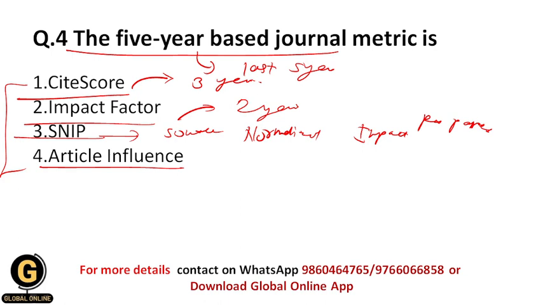Okay, and it is calculated by dividing the average number of citations received in a particular year by papers published in the journal during 3 preceding years by the database citation potential.